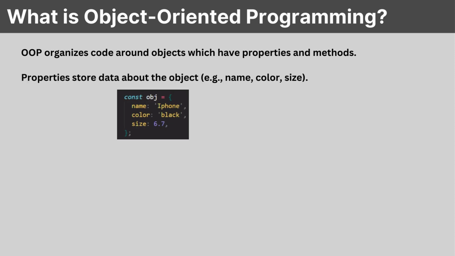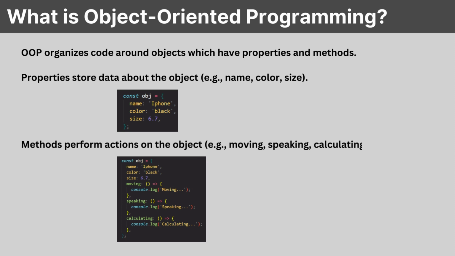Properties are variables that store data or information about the object, such as its name, color, size, etc. And methods are functions that perform actions or behaviors on the object, such as moving, speaking, and calculating.